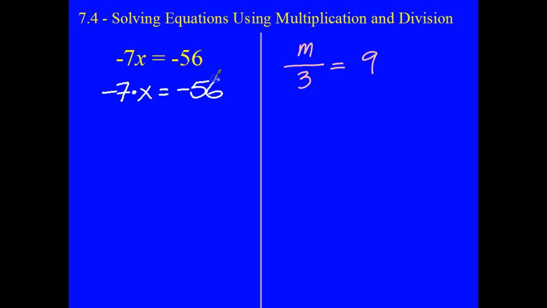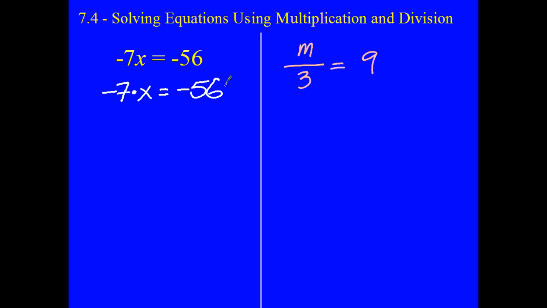Negative 56 is the answer, the total. I've maybe lost $56, and I did that by losing $7 some amount of times. Negative 7 some amount of times gives me negative 56.